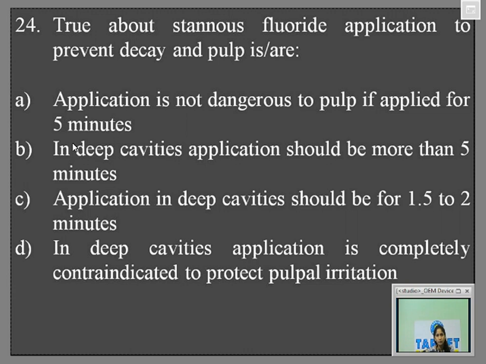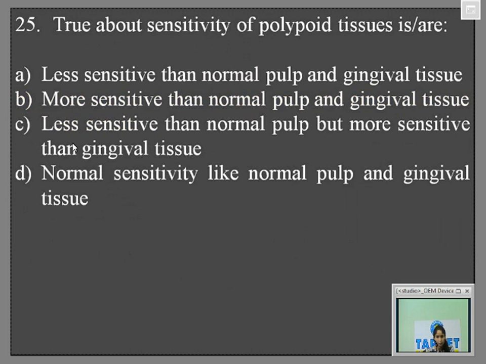Out of all the various insults, that is physical, thermal, chemical, biological, among the chemicals, when you have these etchants, these stannous fluorides which are used to prevent decay, it is said that when these fluoride applications are applied for less than 5 minutes, there is a lesser chance that the tooth will have any chemical insult. So it will not be dangerous to the pulp if applied for 5 minutes. It's a direct textbook question from Grossman.